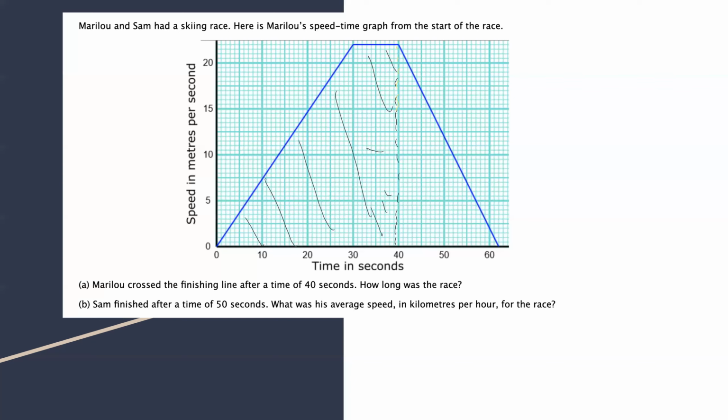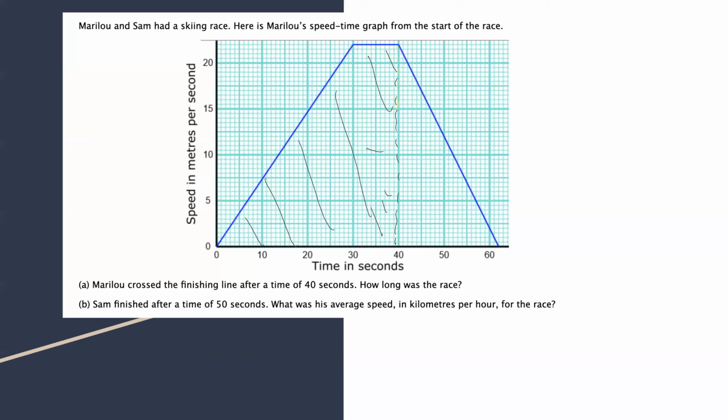Actually, the graph is not even a velocity time graph, it's a speed time graph. The reason is that you're trying to find the total distance of the race, and displacement is precise: it's literally the straight line distance between 2 points, and it's path independent. They probably want it to be path dependent. Anyways, it's not really important.